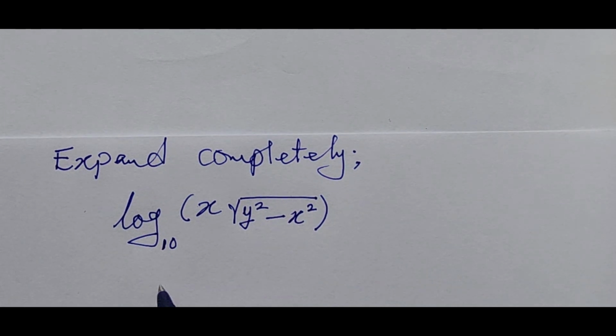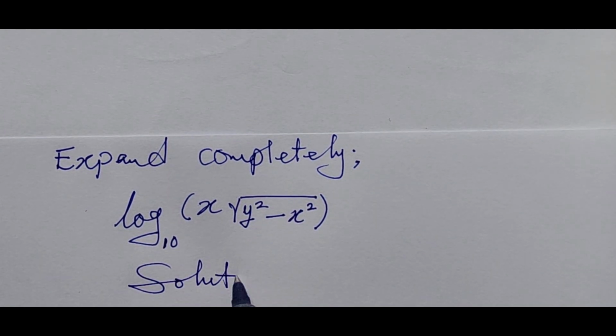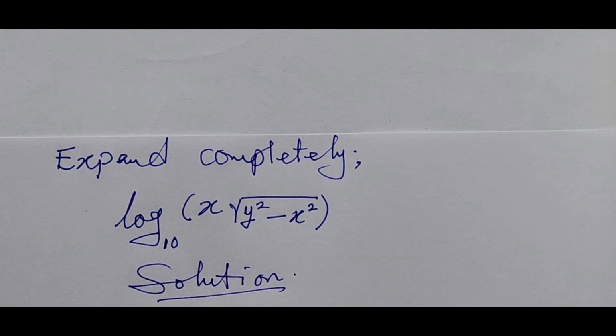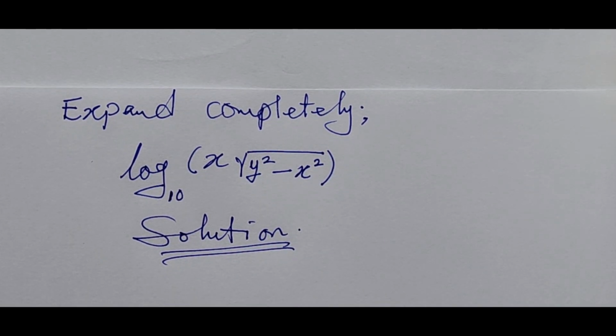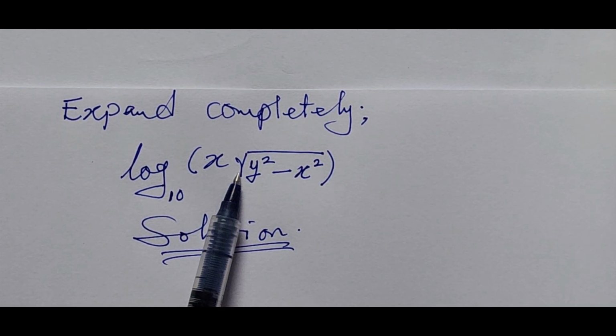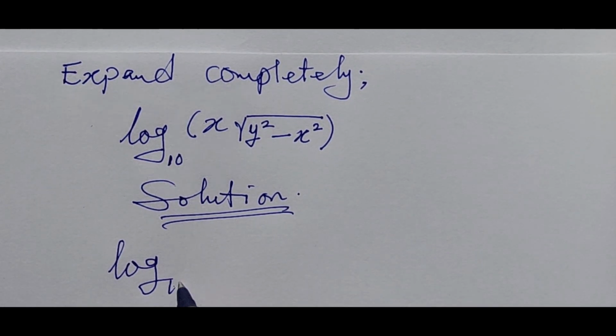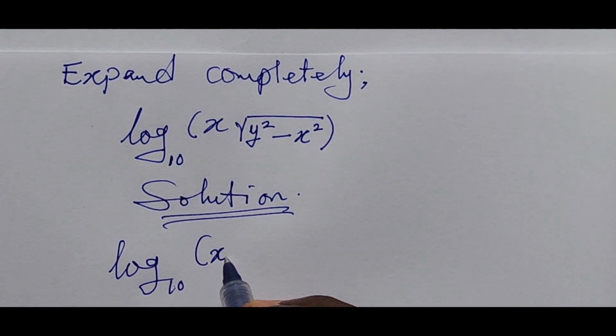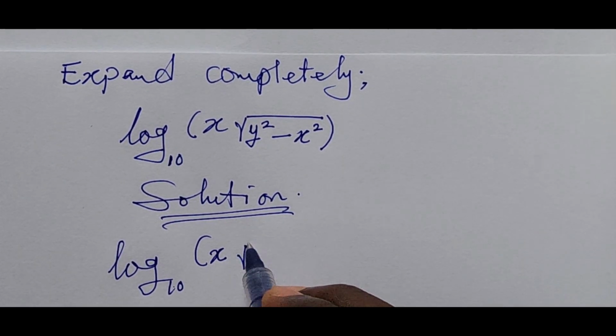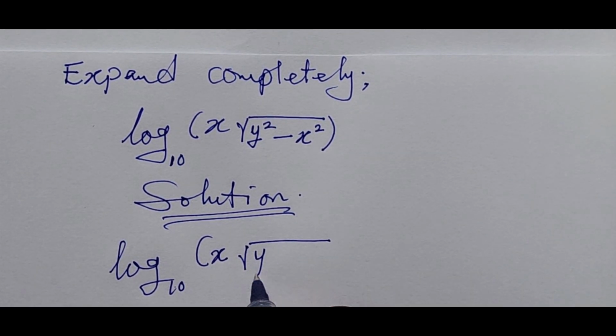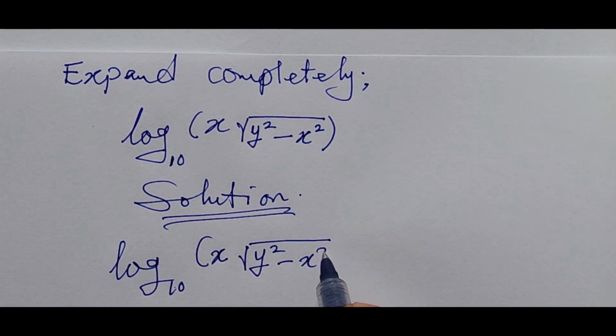Let's take our solution and see how we can expound this. The first thing we're going to do is to rewrite this radical. We have our question: log of x times the square root of y squared minus x squared.